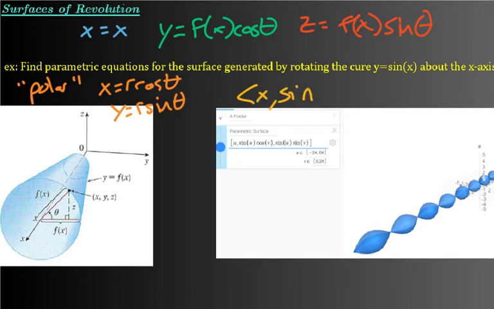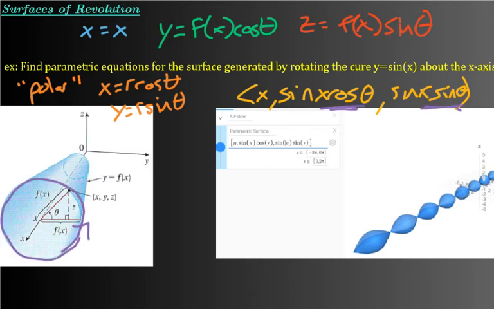So I have x for x because I'm rotating around the x-axis, sine of x, and then cos theta, then sine of x again, and then sine theta. These two parts right here are what give me the rotation around the axis, and then the function just gets popped in there, and you keep this the same if that's what you want to rotate around.